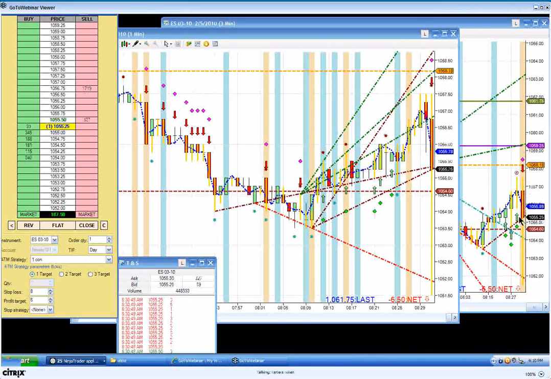I like to use my 3-minute chart because it takes out some of the whipsaw, some of the retracements that you see magnified on the 1 minute, and gives you more of an overview of the trend. It gives you more of a bird's eye view, and you can see how smoothly we had a nice uptrend, and then the news broke, and we have this massive downtrend and changing direction.